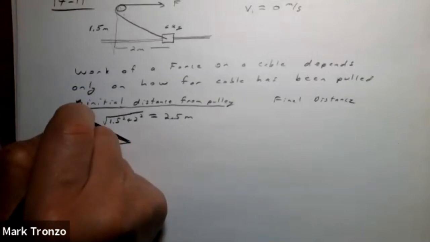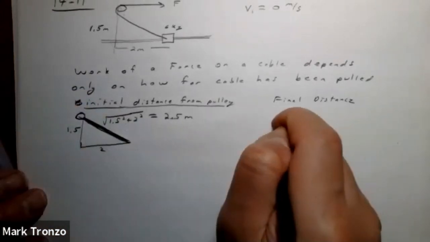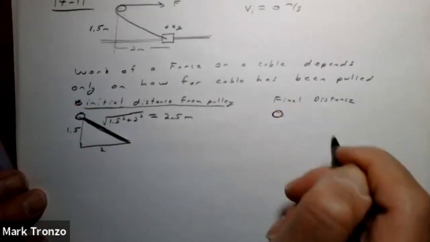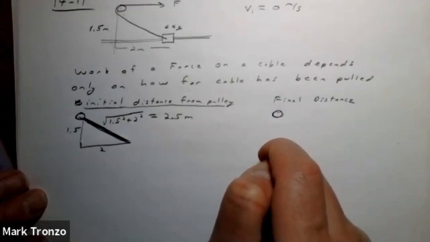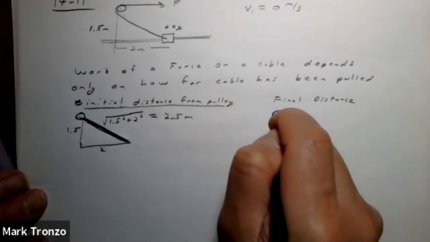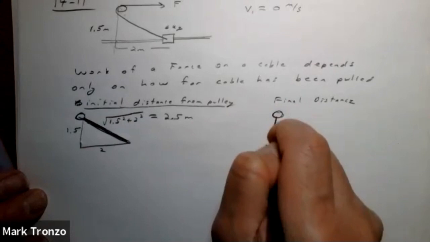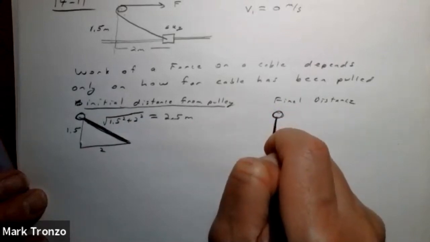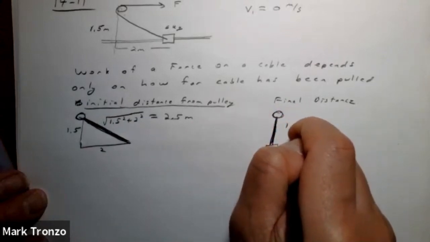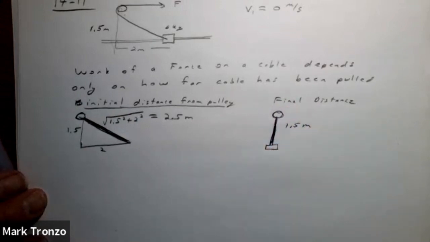Once again, the pulley's over here. Now the collar's down here, so the cable is right here. This is just going to be that 1.5 meters like that.